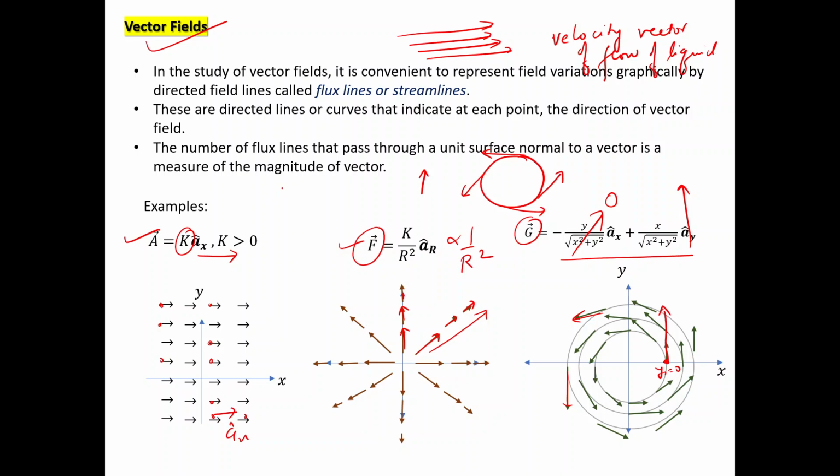Suppose at any point 5 magnetic field lines are present, and at some other point there are 4 magnetic field lines present. Then at this point the density of the field is more than at the other point, hence the magnitude of the vector field will be more here.